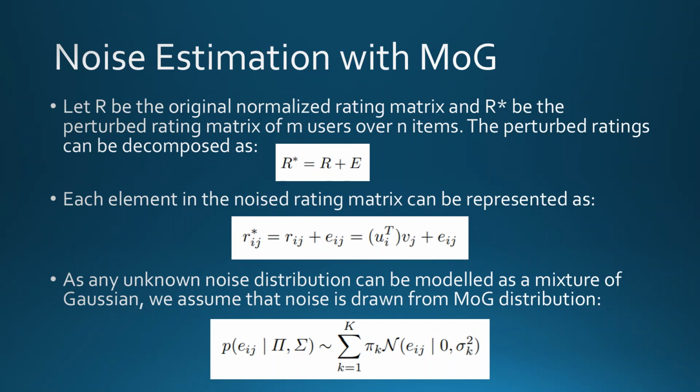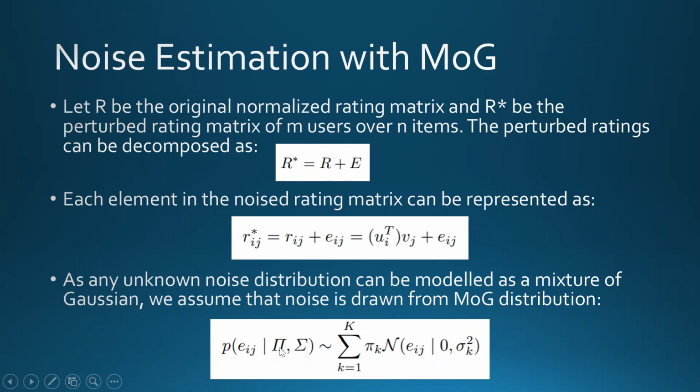As you know, any unknown distribution can be modeled using a mixture of Gaussians. So we assume that the noise which is drawn from the bounded Laplace mechanism can also be drawn from a mixture of Gaussian distributions. The probability that the noise is drawn from a mixture of Gaussians can be indicated using this equation.